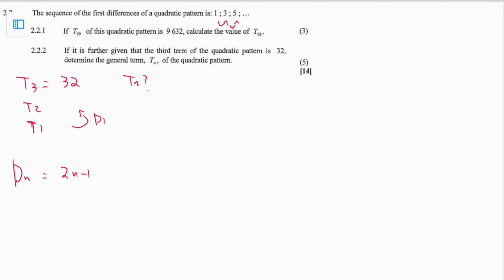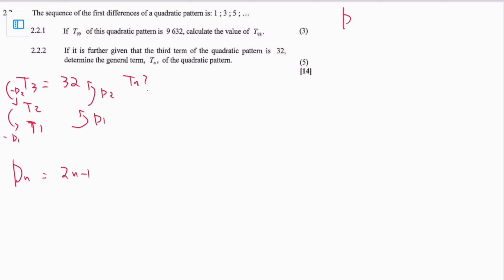To get from T2 to T3, we add D2, okay? And conversely, to get from T3 to T2, we subtract D2, and to get from T2 to T1, we subtract D1.